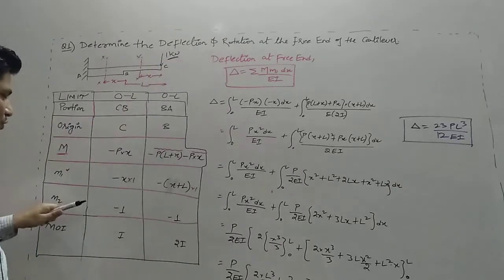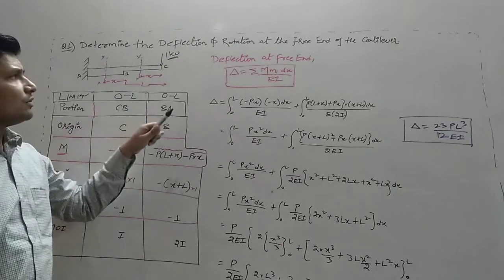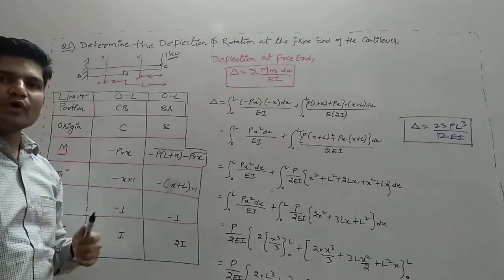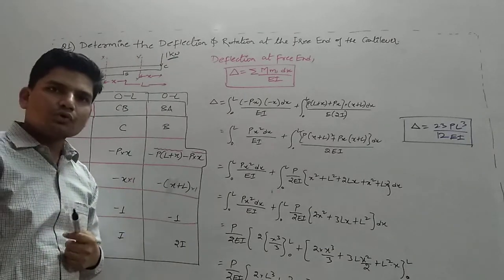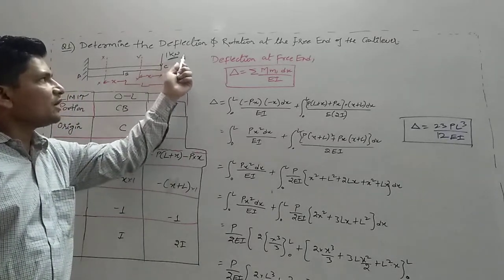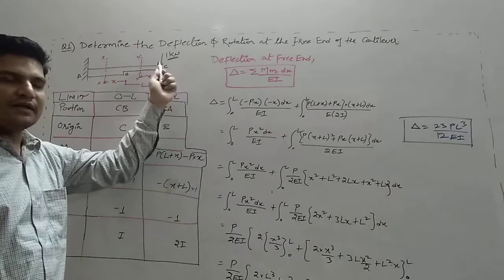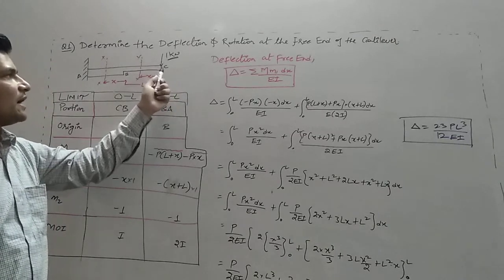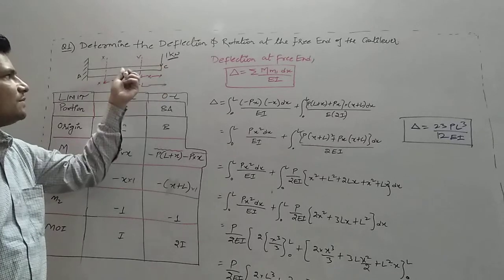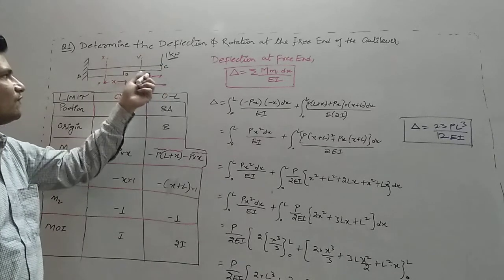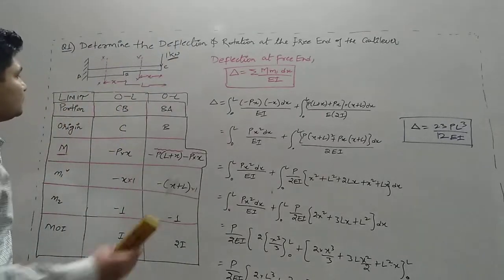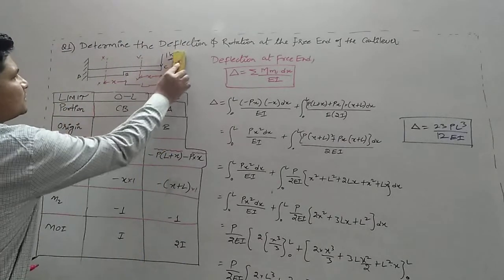Now for M2, for rotation, we apply one concentrated unit moment of 1 kilonewton meter at the point where the rotation is required. I require it at the C point, so I apply the 1 kilonewton meter unit moment here, and we write the equation for the portion CB and for the BA portion for the bending moment at the XX section.